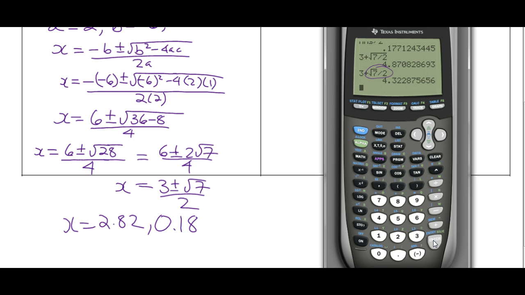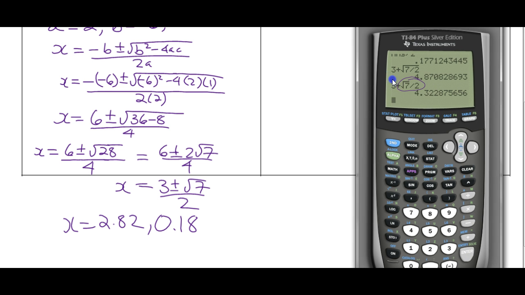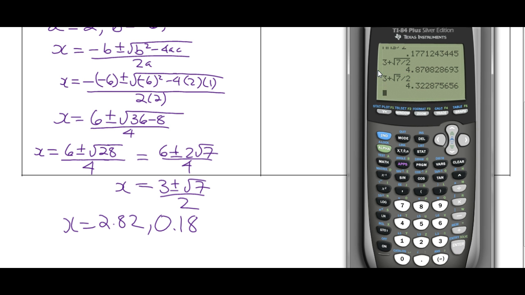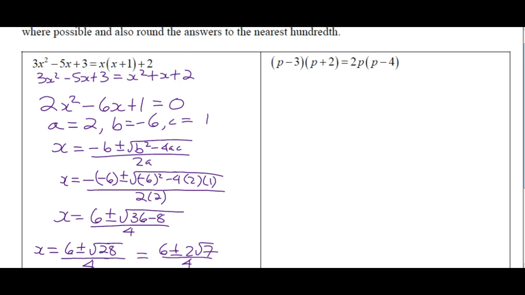It's going to go root 7 divided by 2 and then add 3 to it. And that's not the right answer. So I would probably just go 3 plus root 7, enter, divided by 2, enter. Easiest way when you're working out quadratics.